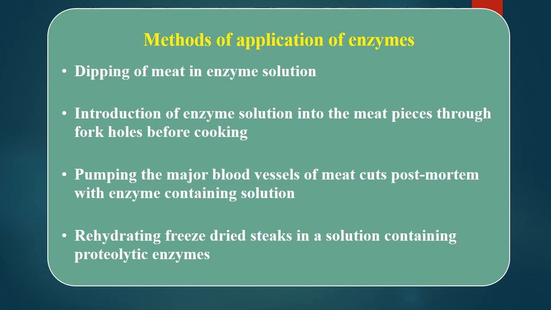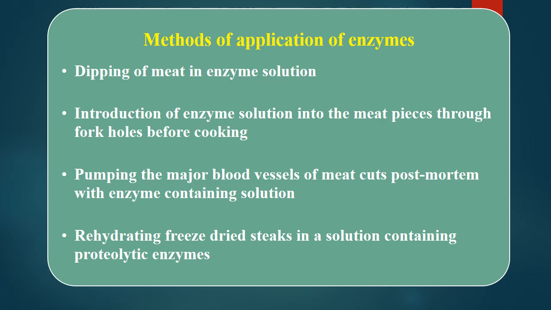Then there is a third option, pumping the major blood vessels of meat cuts post-mortem with enzyme containing solution. We can make the solution of enzyme and pump it through the major blood vessels of the meat cuts. As we discussed earlier, there are bigger primal cuts. There will be important blood vessels, say the femoral artery.